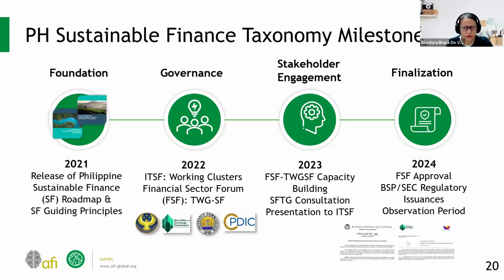And then the third point that I would like to emphasize here is on the leverage, where we had leveraged collective knowledge and stakeholder engagement. So we benefited from our participation in the ASEAN Taxonomy Board as a working group member, and now currently as a vice chair of the board.